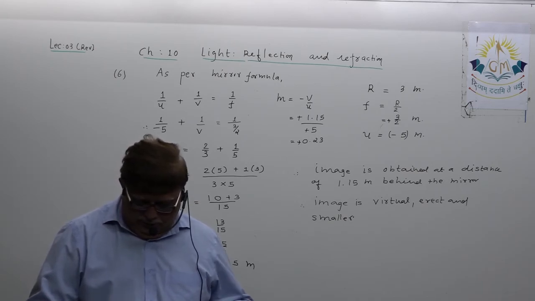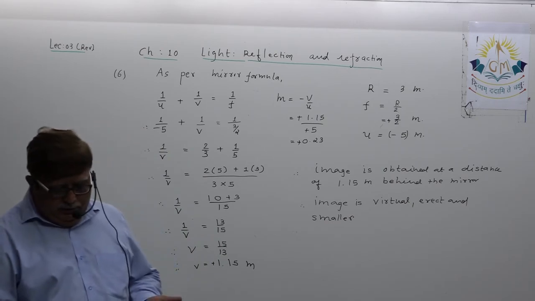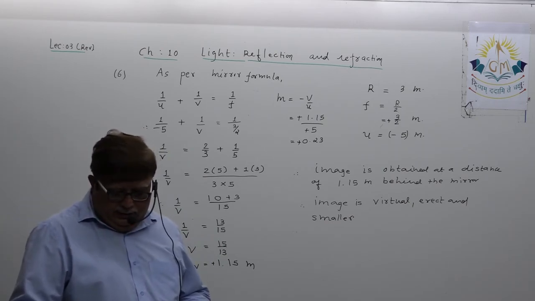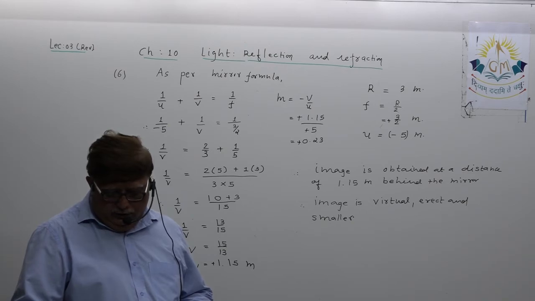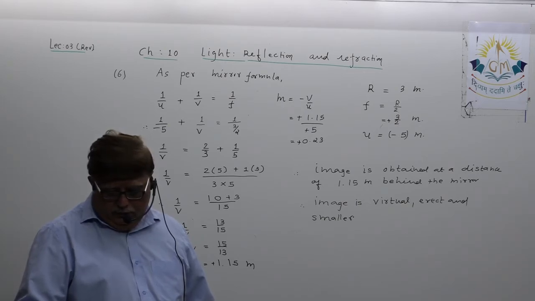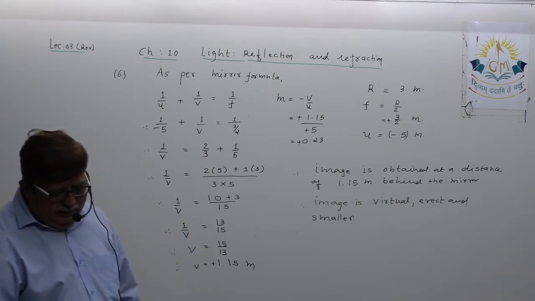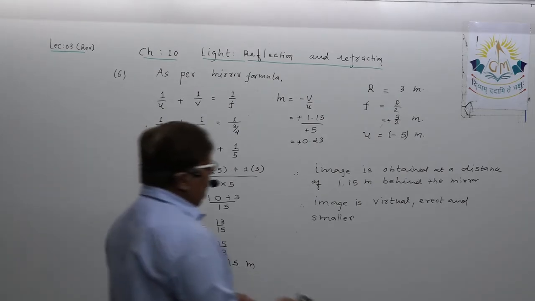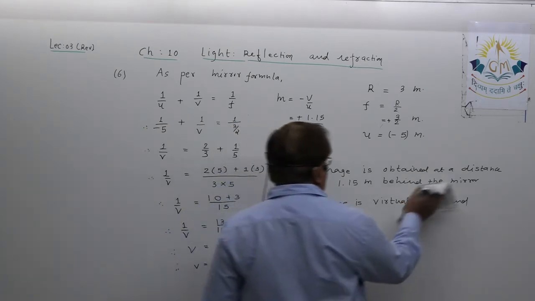In 7, what is mentioned? An object 5 centimeter in length is placed at a distance of 20 centimeter in front of a convex mirror of radius of curvature 30. Find position of image, its nature and size. Let us do this example number 7 for you.